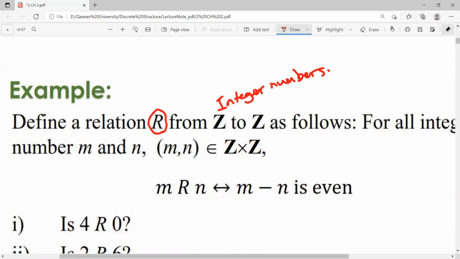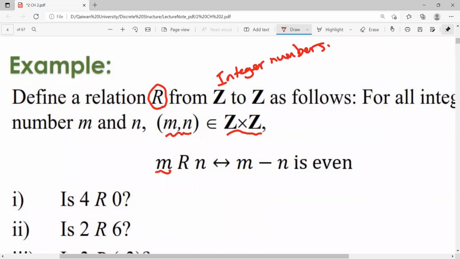For M and N belonging to Z times Z, we say M is related to N if M minus N, the first one minus the second one, is an even number. That means if we subtract the second from the first, we get an even number.